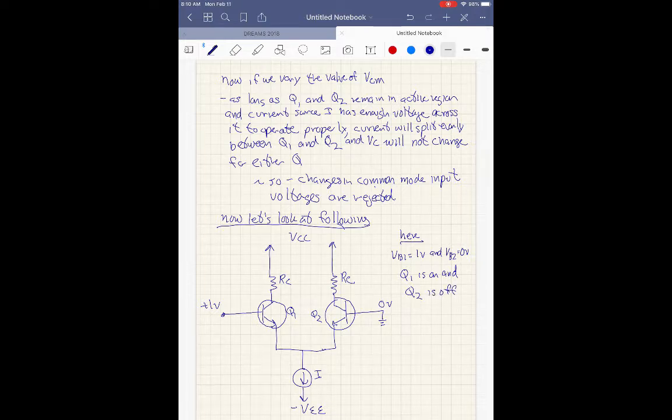Okay? And if we want to be a little more explicit about that, we can say the Q1 base to emitter junction is forward biased, and the Q2 base to emitter junction is reverse biased.